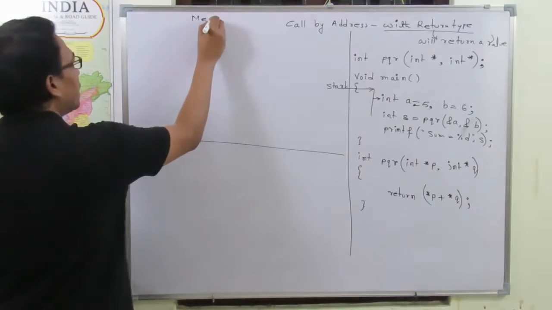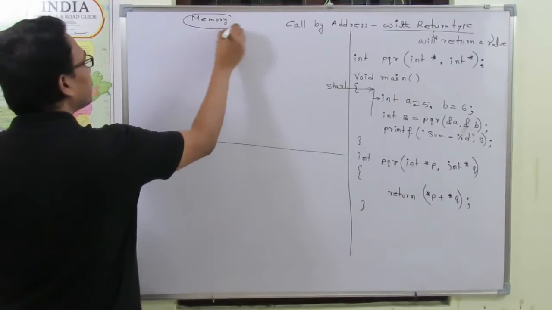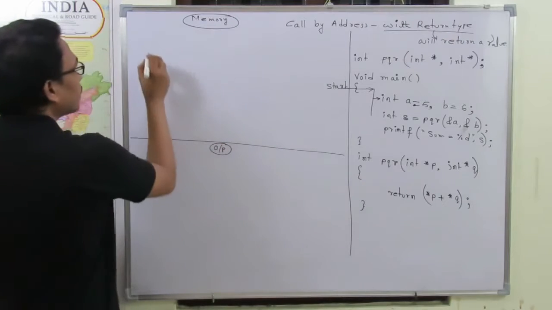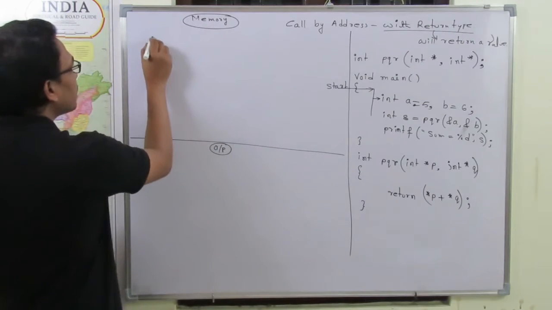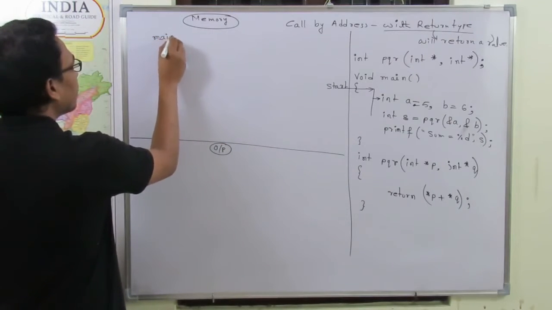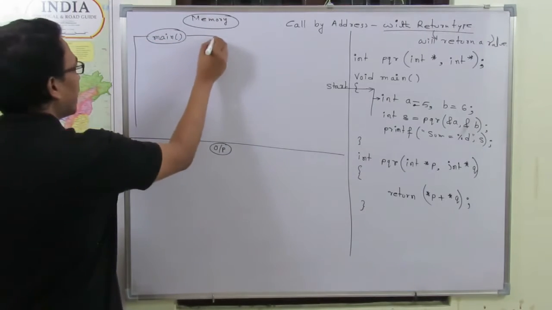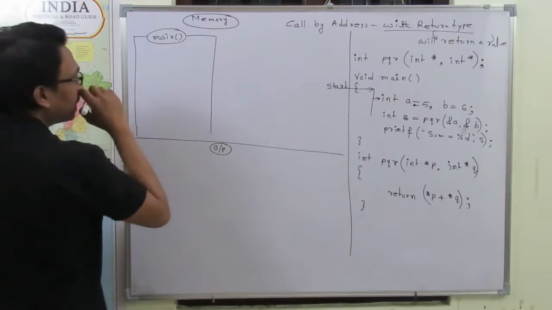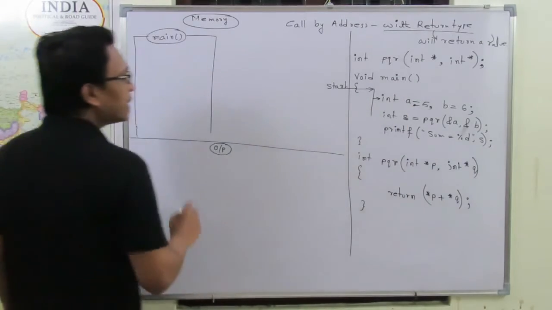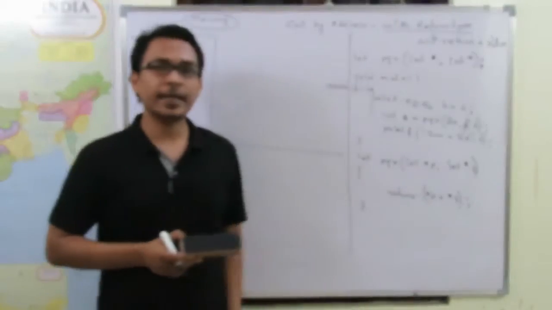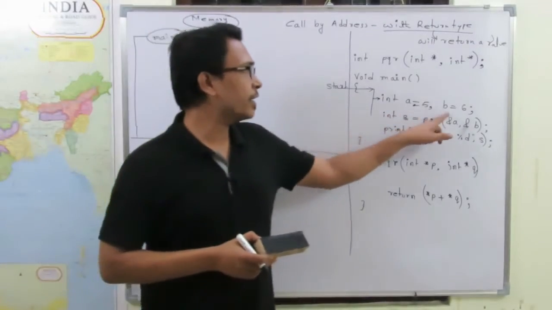This is our memory part, and this is our output part. In the memory part, first a block will be created for the function main, and inside this main function two memory blocks are created, for int A and int B.